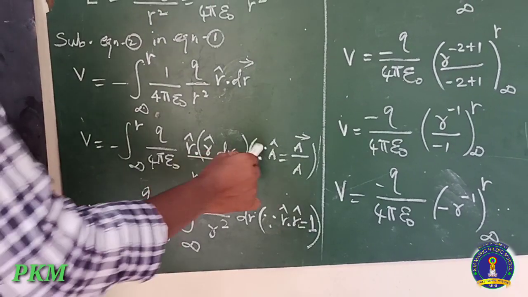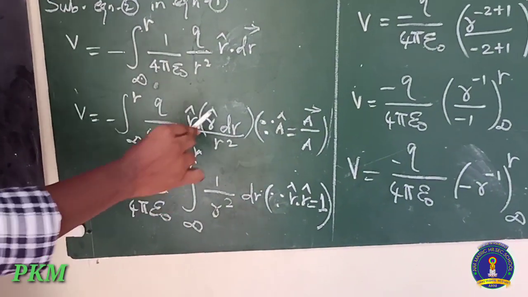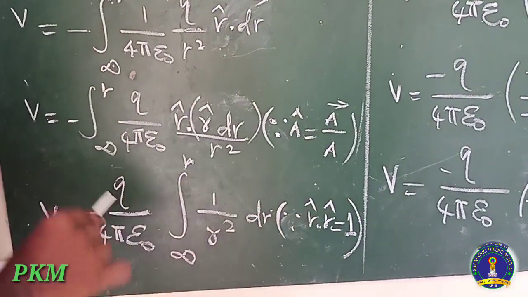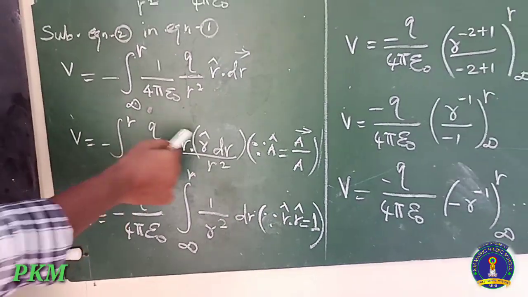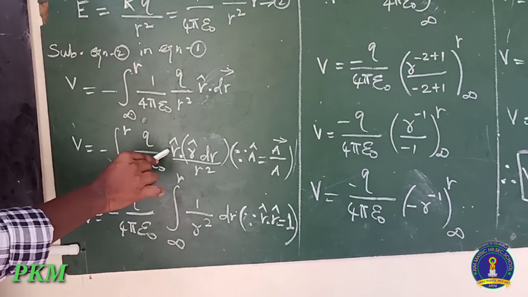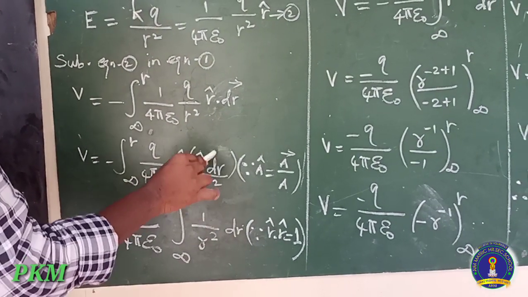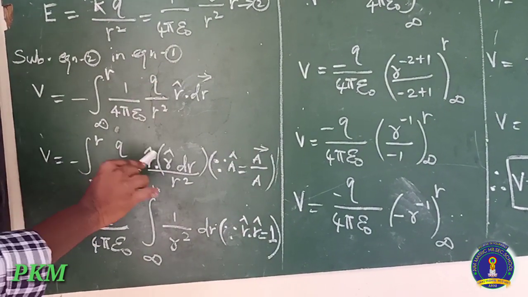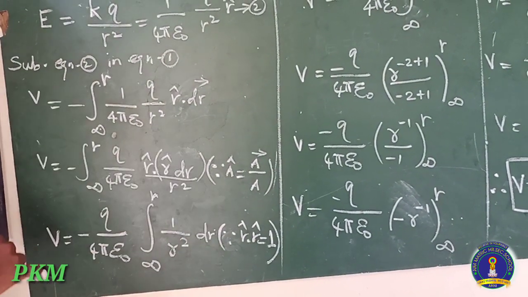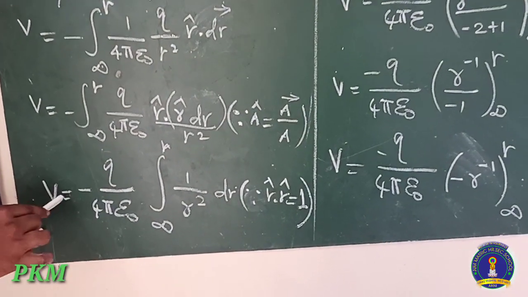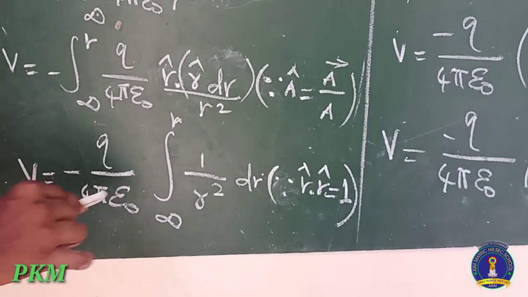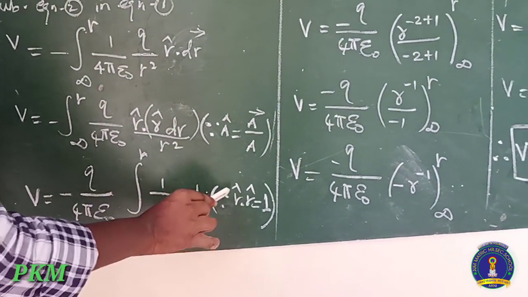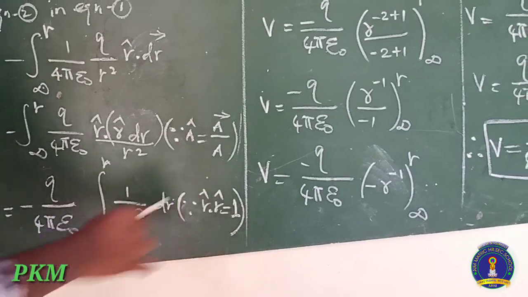So dr vector equals r cap into dr. Very simple. So V equals minus q by 4 pi epsilon naught integral from infinity to r of 1 by r square dr, because r cap dot r cap is equal to 1.